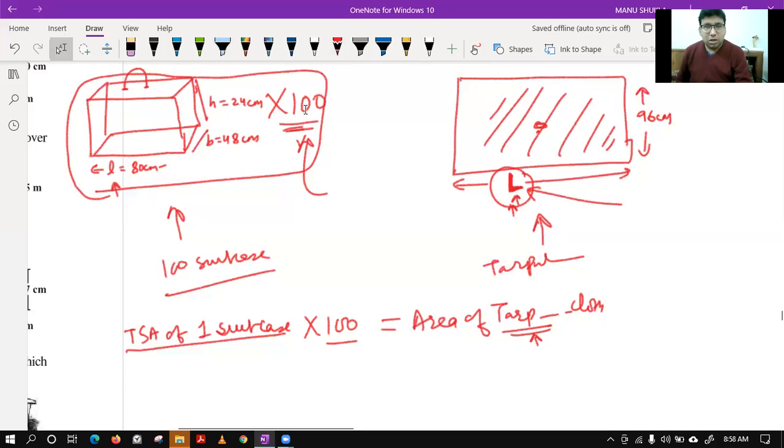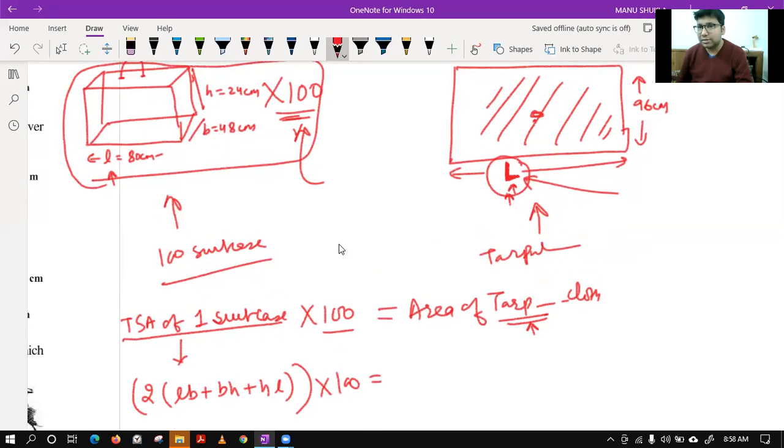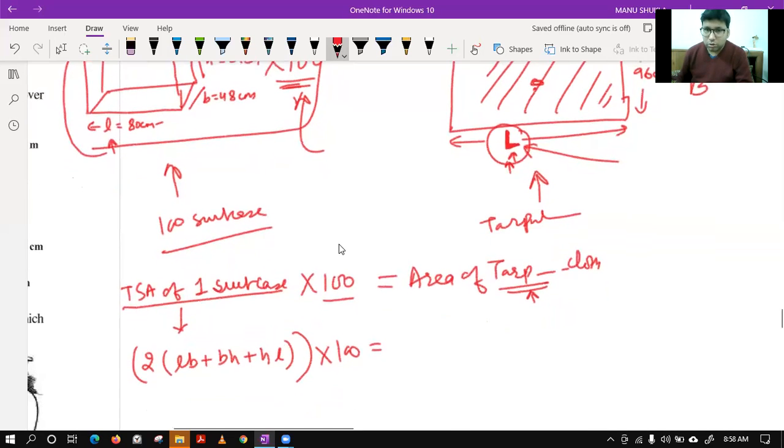Okay, now just write the things. What is TSA of a suitcase? It is twice (LB plus BH plus HL) into 100 is equal to area of tarpaulin cloth, that is L into, let me call it capital B. Yes, it is tarpaulin. Okay, good.